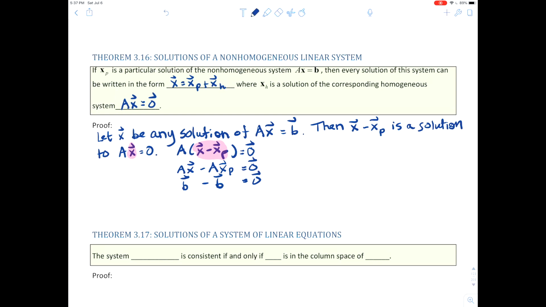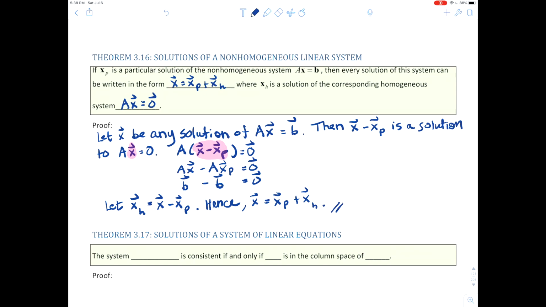So if we were to let XH equal to X minus XP, hence, what do we have? Beautiful. X equals XP plus XH.